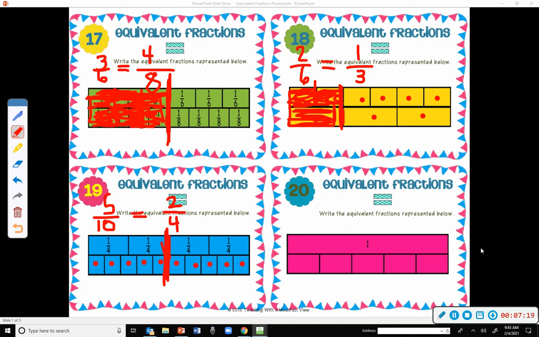This time I have a whole piece and pieces at the bottom. So what do I need to do with these pieces at the bottom, Bryson? I'm going to count them first. So 1, 2, 3, 4, 5. So what does that tell me? It's the bottom. Good, the denominator. And we just have one whole. So we're trying to compare one whole to how many fifths?